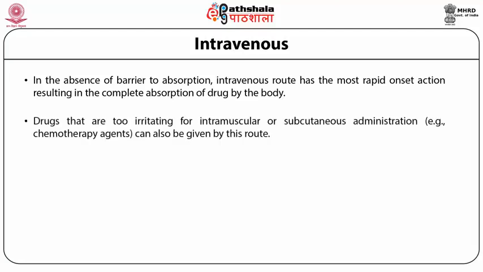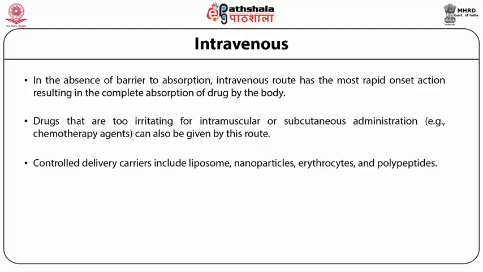Drugs that are too irritating for intramuscular or subcutaneous administration, for example the various chemotherapeutic agents, can also be given by this route. Controlled delivery carriers which can be given by this route include liposomes, nanoparticles, erythrocytes, and polypeptides.